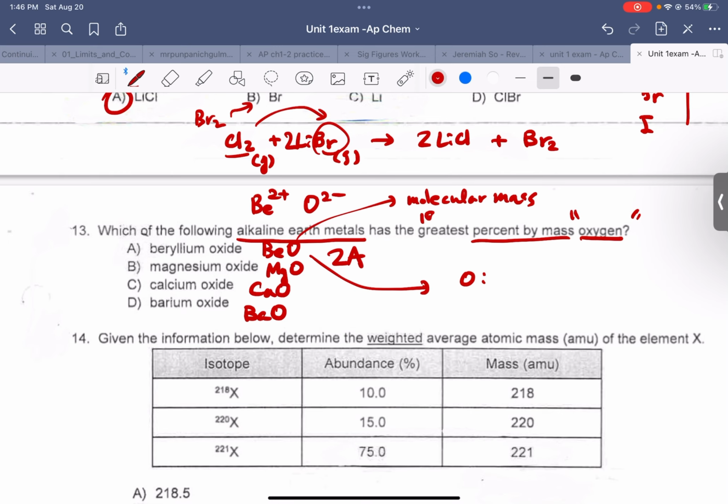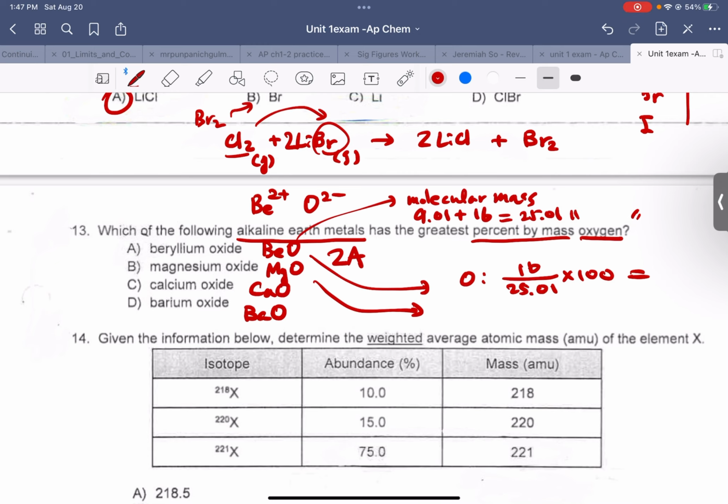Beryllium is 9.01 in my table, plus 16, since oxygen is 16, so you add up. That's 25.01. So what is the percent mass of oxygen? 25.01 in the denominator, and in the numerator 16 times 100. So they will give you that one. Let's calculate it.